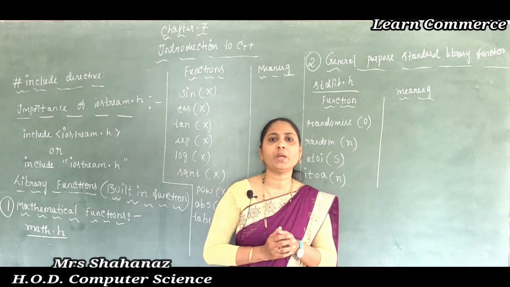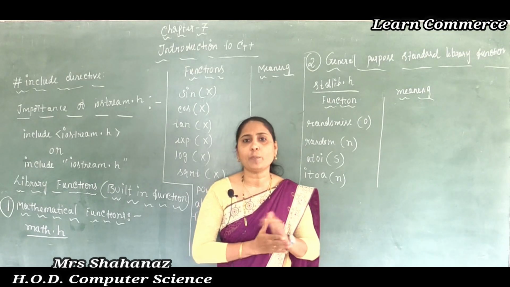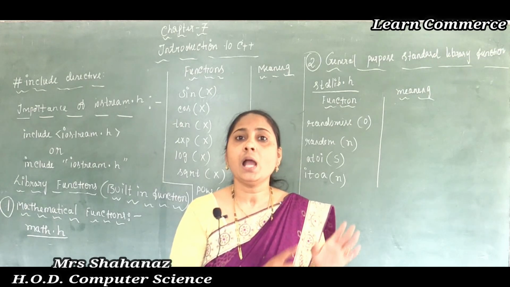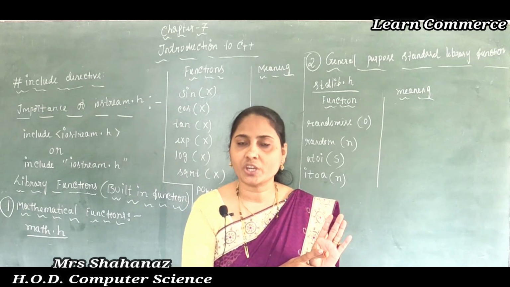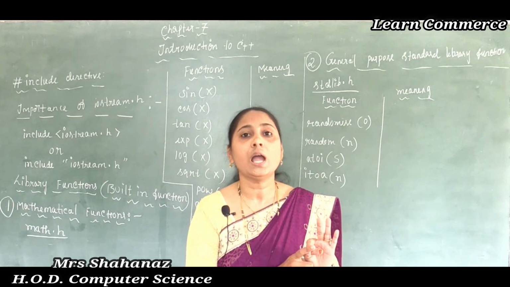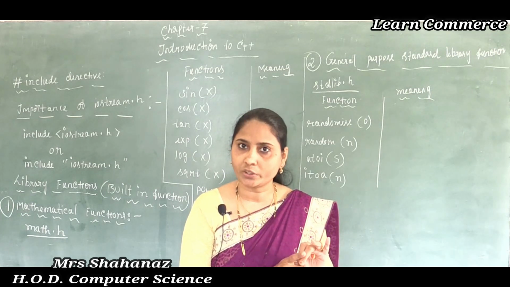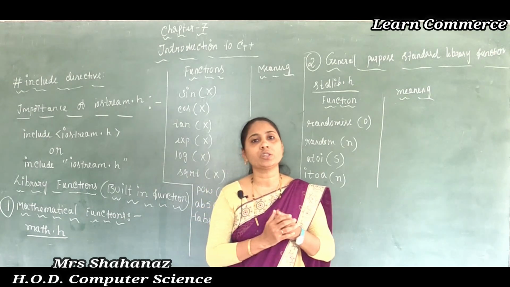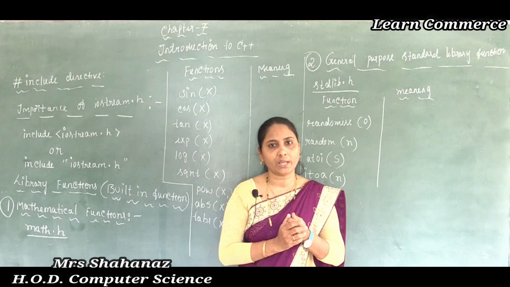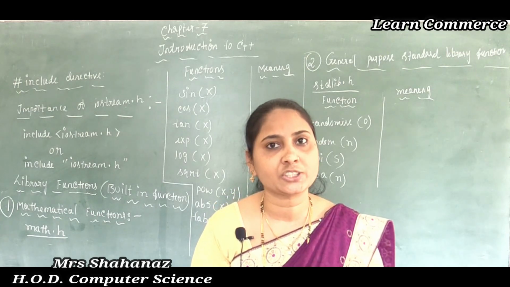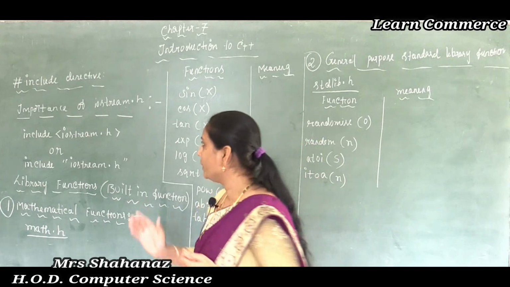Some examples of hash include directives are hash include iostream.h, hash include math.h, hash include ctype.h, and hash include string.h. So all are examples of hash include directives. Clear this point here?